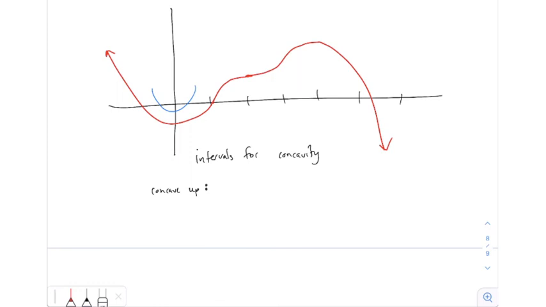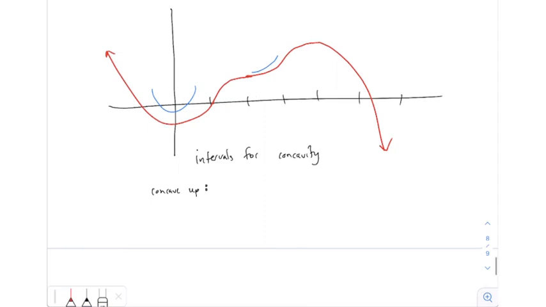You see that? After 2 and, yeah, between 2 and 3, it has at least half of the smiley shape, all right? And I think those are the only places on this graph where you get the smiley shape. I think everywhere else is going to be the frowning shape.